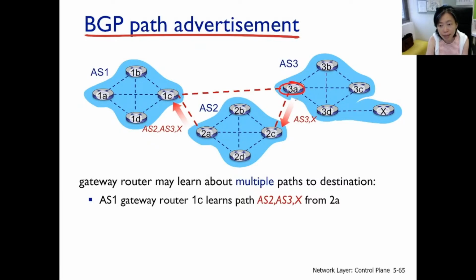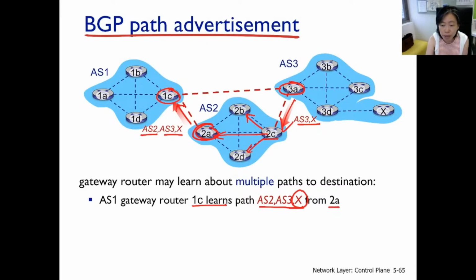AS3's 3A sends AS3, X, okay, as an advertisement to 2C. 2C checks the import policy and therefore passes it on to all the routers internally. 2A picks it up, checks the export policy, and let's say that it's just allowing advertisements of the path further. So prepend AS2 to the path and then send it further. At this point, 1C learns the path AS2, AS3 to destination X. And the way to go is for 1C to send to 2A.